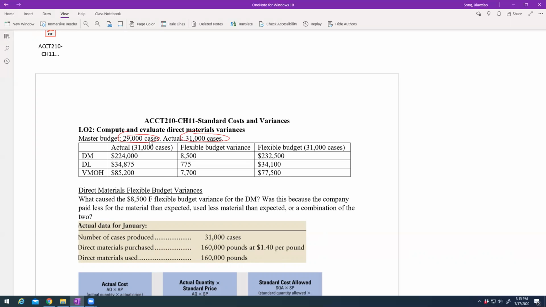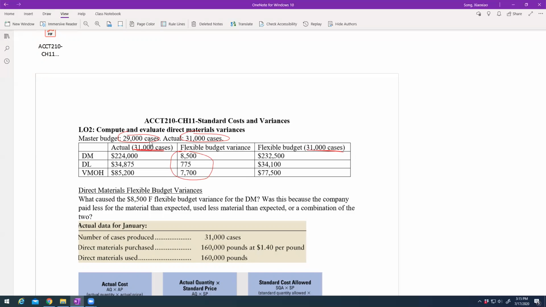So we have the flexible budget variance for direct material, direct labor, and variable manufacturing overhead, right? Actual is this much, your flexible budget is this much. For the flexible budget variance and the actual, they both use the actual quantity, 31,000 cases. All the variance is from the different dollar amount.